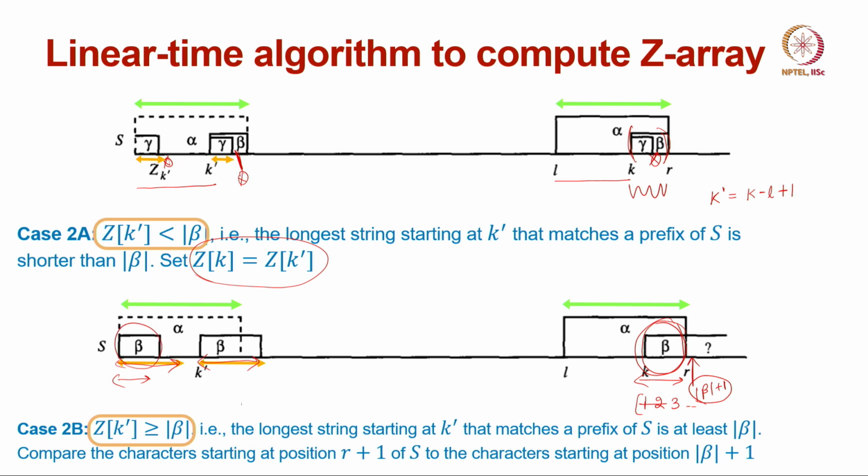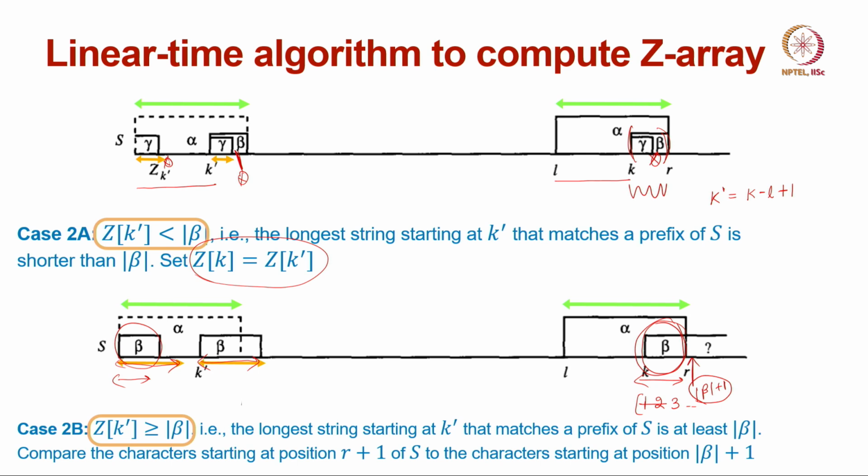In other words, we have to compare the characters starting at position R plus 1 onwards, because until R we know that the characters are matching. From R plus 1 onwards we do one character comparison at a time and see how far we can go to the right until we see a mismatch.